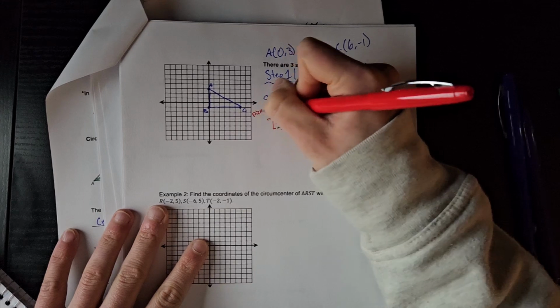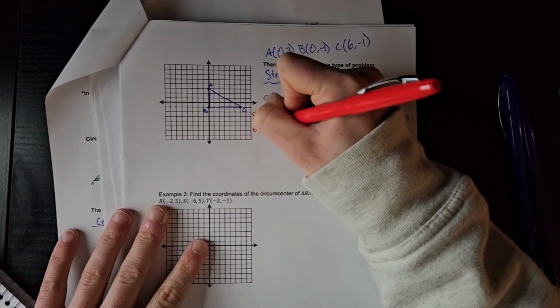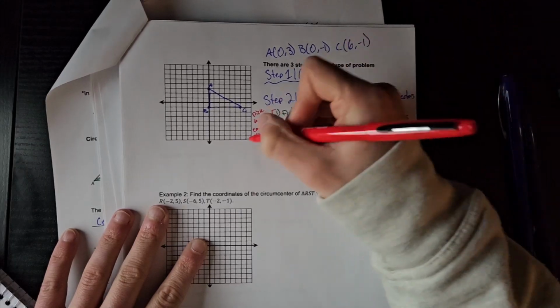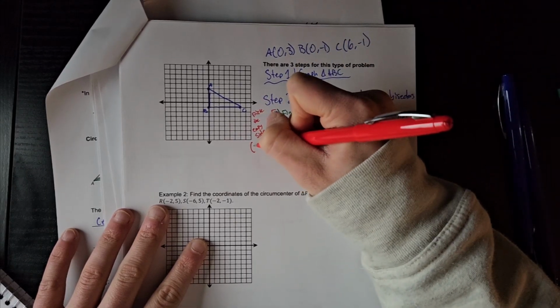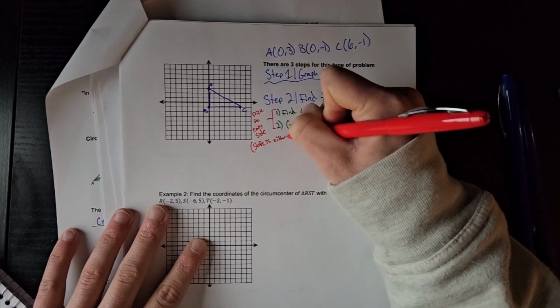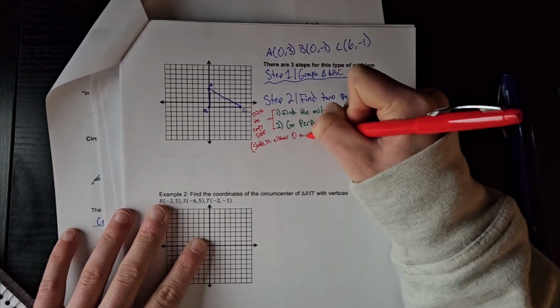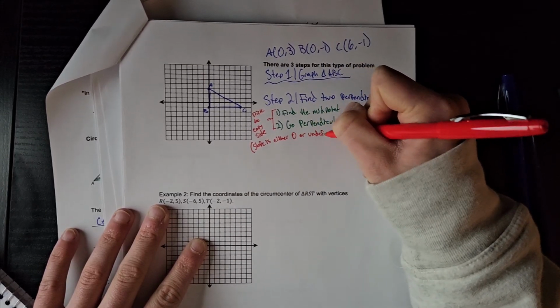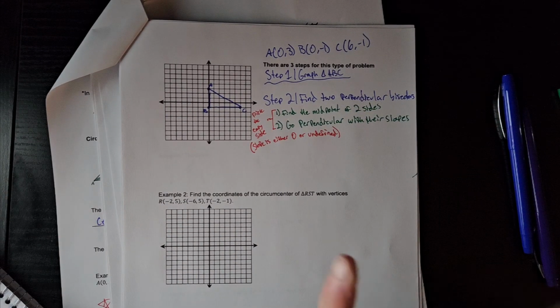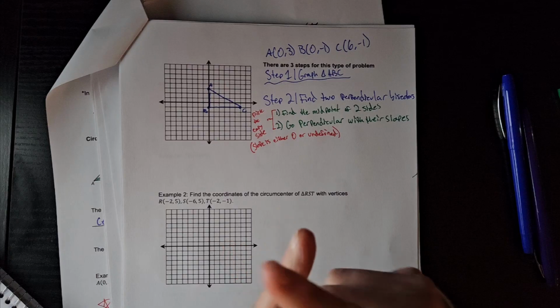Pick the easy sides, like the sides whose slope is either 0 or undefined. It needs to be vertical or horizontal.